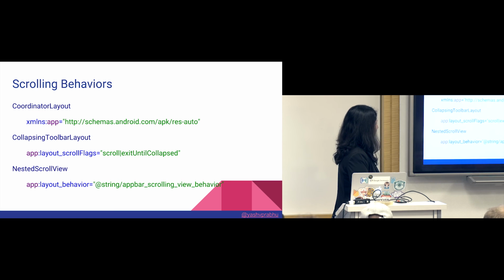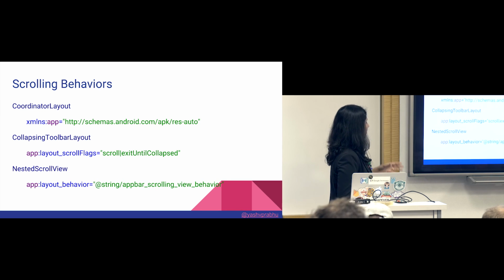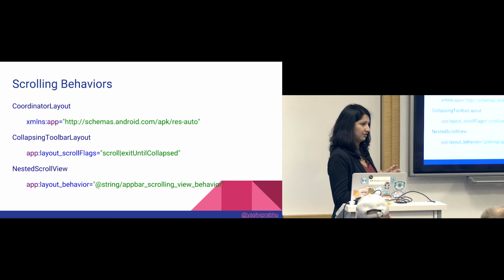Again, the same app namespace, just add that to your coordinator layout. It is your parent element. And in the collapsing toolbar layout, since it needs to react to the scroll events happening below it, it has to have the scroll flag, and then any other flags that you want to use, exit until collapsed, and so on. Now, in the previous case, remember we used view pager, but in this case, you have a nested scroll view because that's the one which is scrolling.